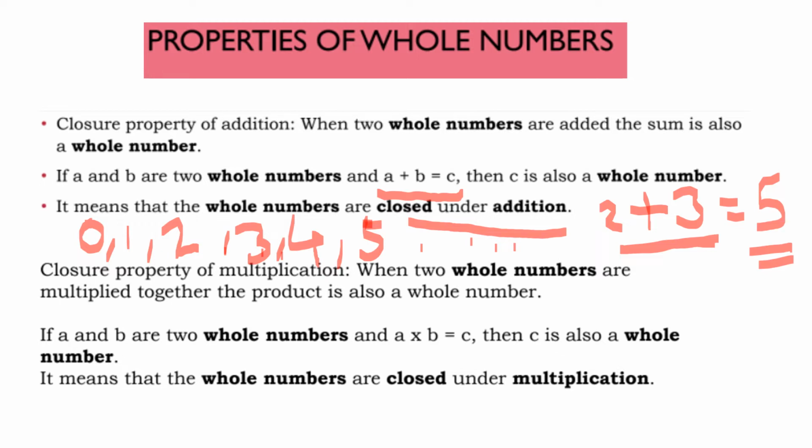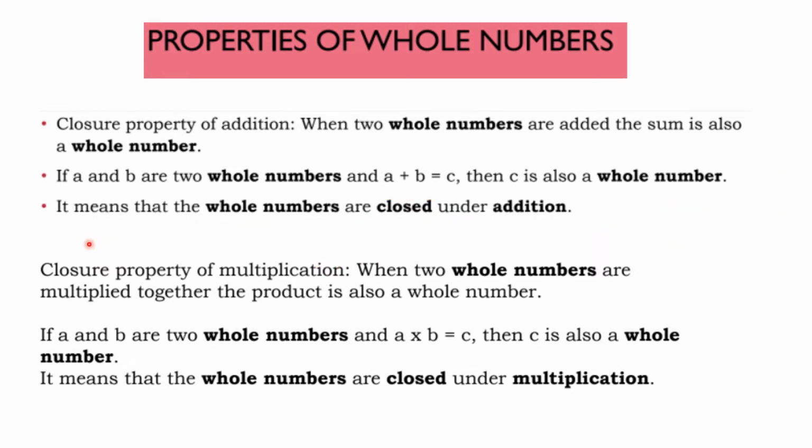Hope you have understood. So now moving on to the closure property of multiplication. Just like addition, under multiplication also the whole numbers are closed. So when you multiply two whole numbers, the product is also a whole number.